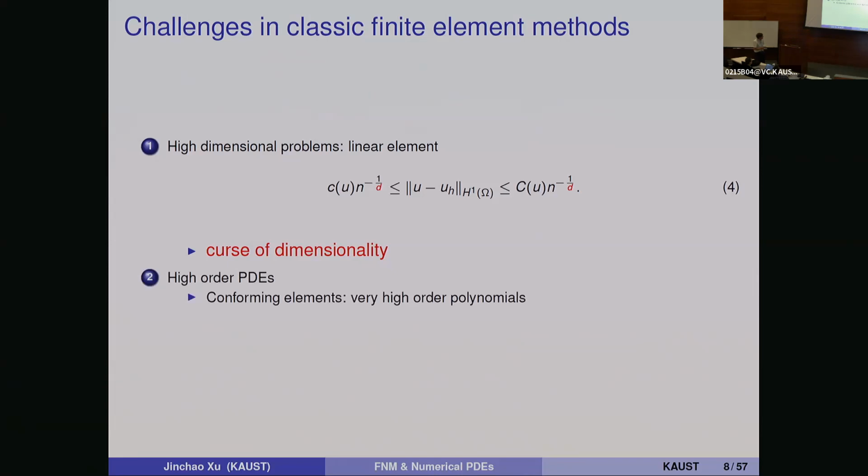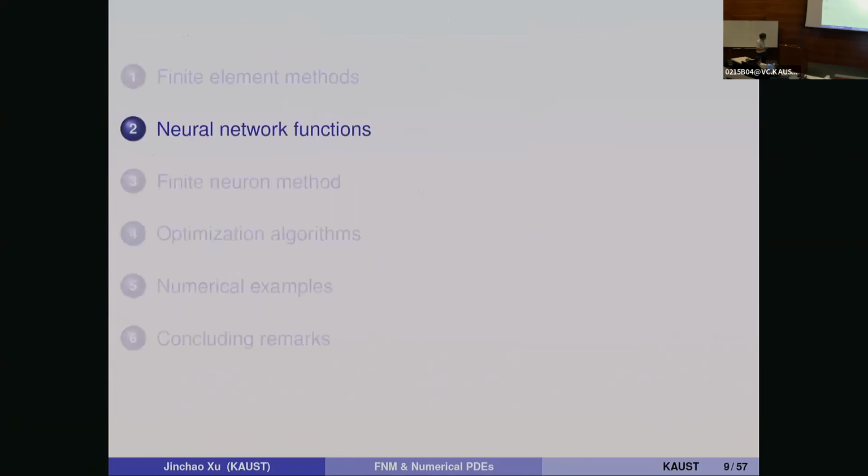And as I said, with high order polynomials, if you do a conforming method for eighth order PDE, which people use in phase field methods and such, you need very high order polynomials. All these things, somehow when you use neural network functions, you can get around it. You can have some different properties. I'm sure most of us here know what a deep neural network is.